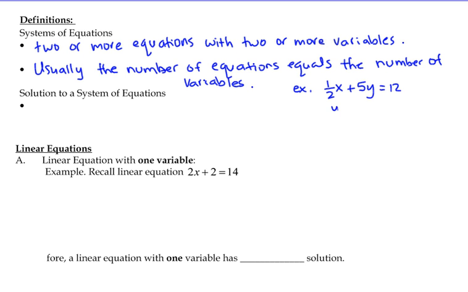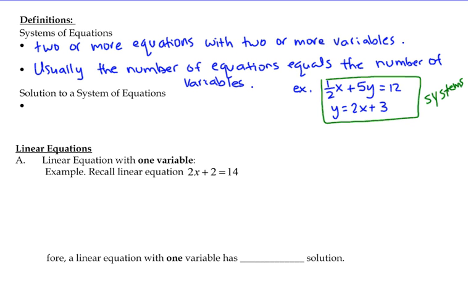And let's say y equals 2x plus 3. Together, these are 2 equations with 2 variables. Now, one of the equations could have only 1 variable, as long as overall we have at least 2 variables and we have 2 equations, that's a system. That is a system, right?